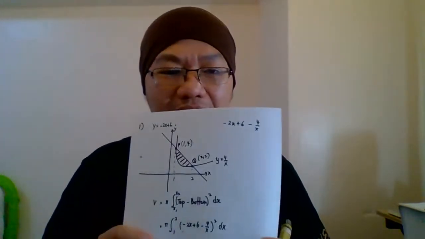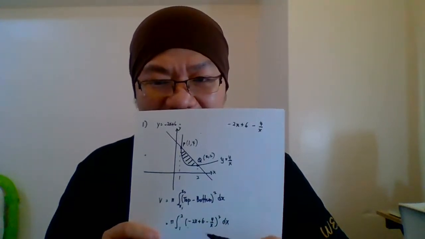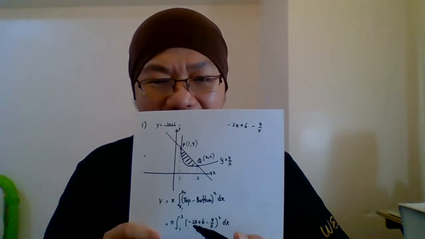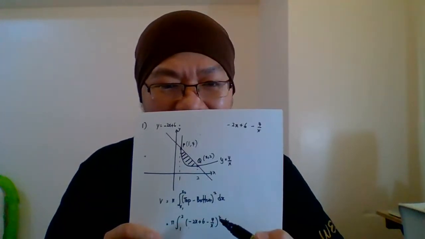So now number 1. The limits are 1 and 2, negative 2x plus 6 minus 4 over x, squared, dx. Now this will be a major problem because we have 4 over x to the power of 2.